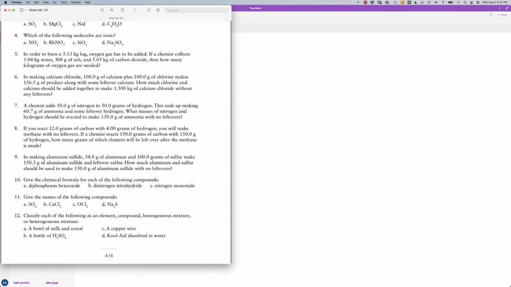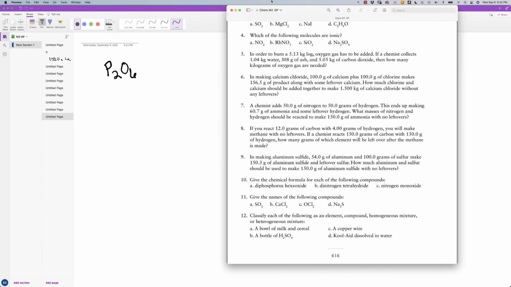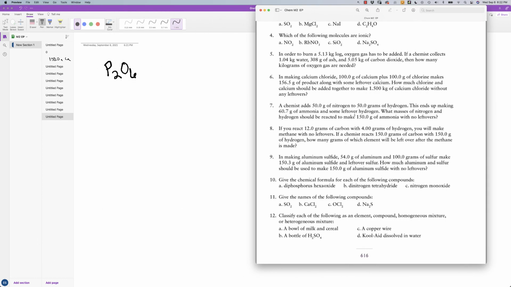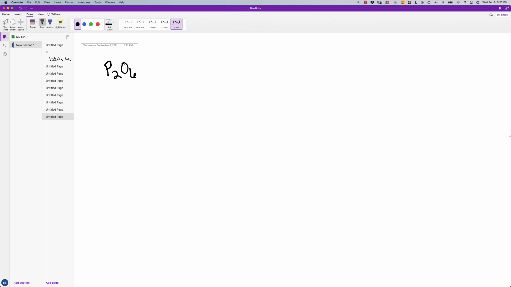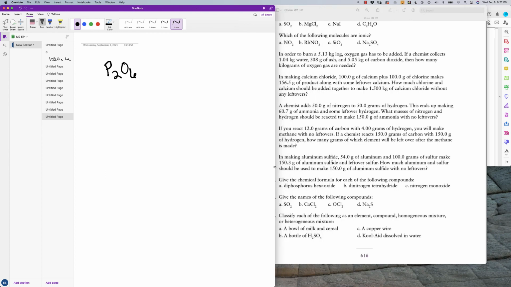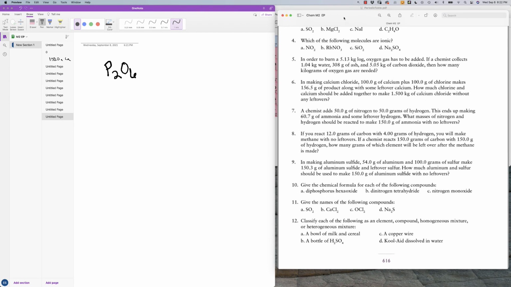And for B, we have dinitrogen tetrahydride. Let me move this over here. Both of them at the same time. There we go. So on our next one, dinitrogen, 2 nitrogen.